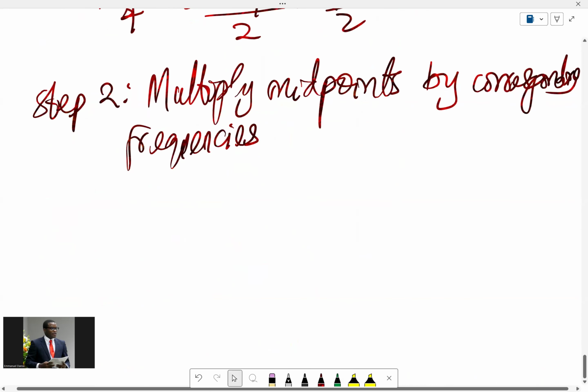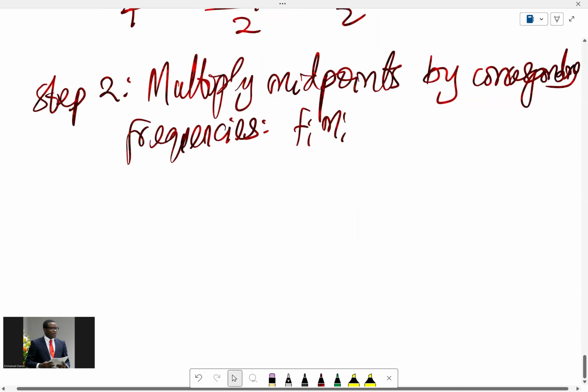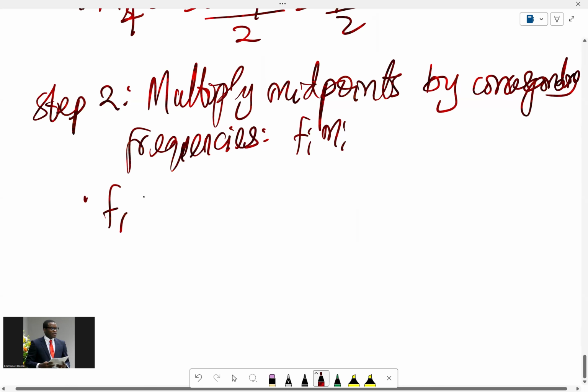Multiply midpoint by corresponding frequencies. That is actually FiMi. So that simply means that F1 M1, that's the frequency for the first one, and the midpoint is actually 5. You get 25.